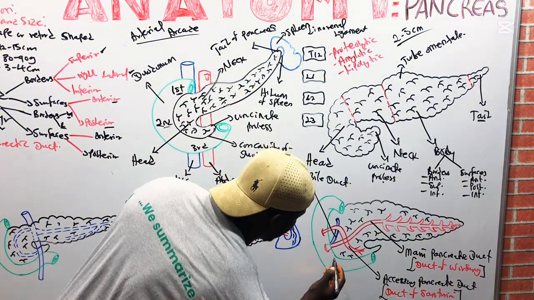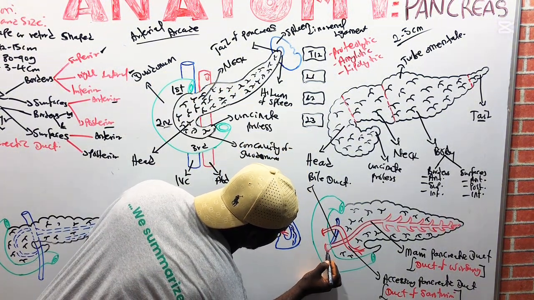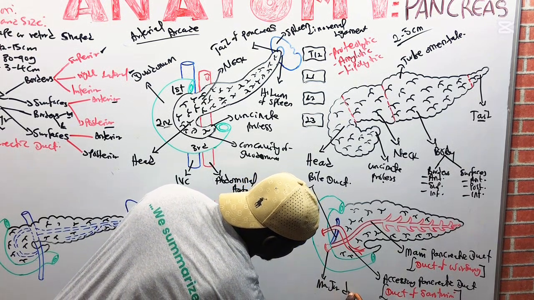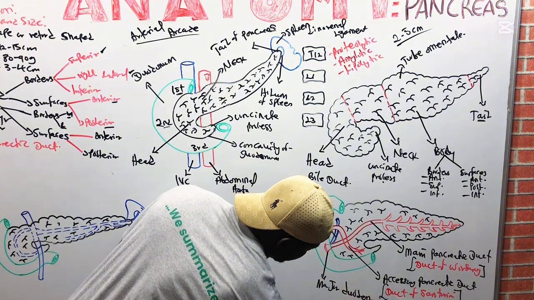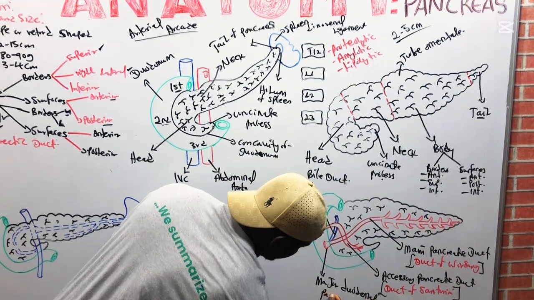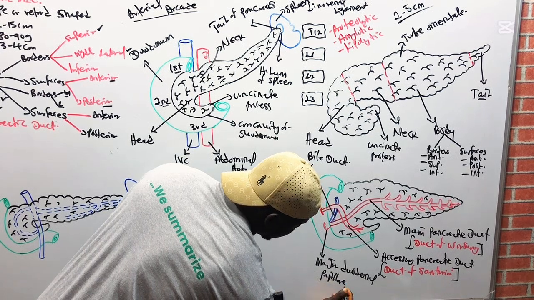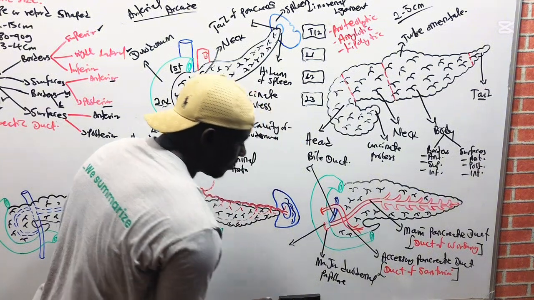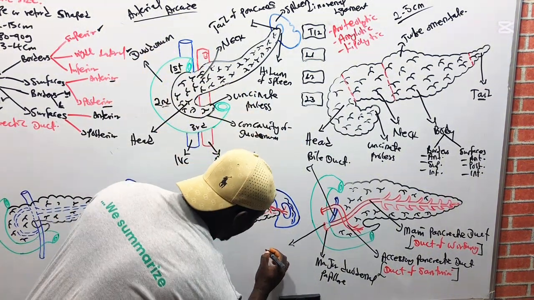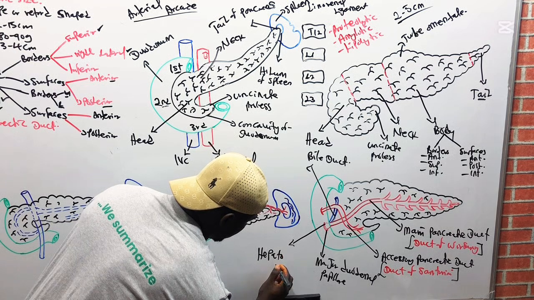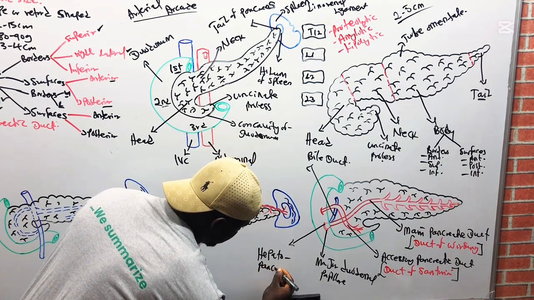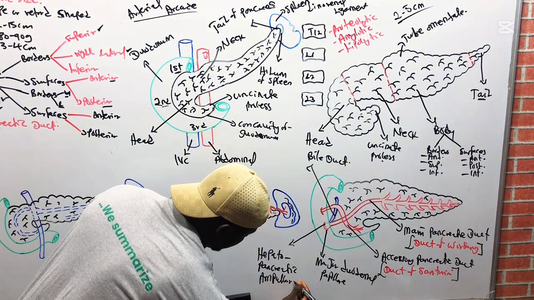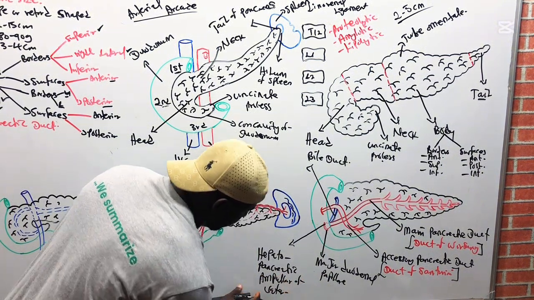So this is the major duodenal papilla, while here this is the hepatopancreatic ampulla of Vater.